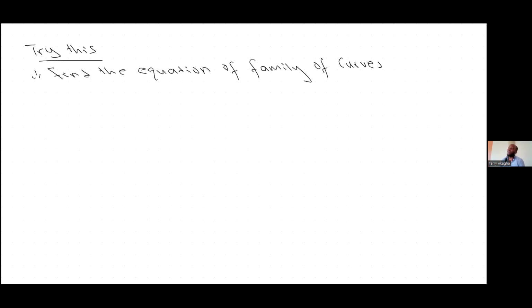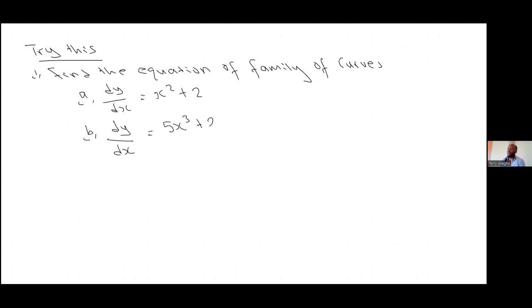Okay, so let's assume you are given dy over dx is equal to x squared plus 2. And also let's assume you are given this other curve, that dy over dx was 5x cubed plus 2x.